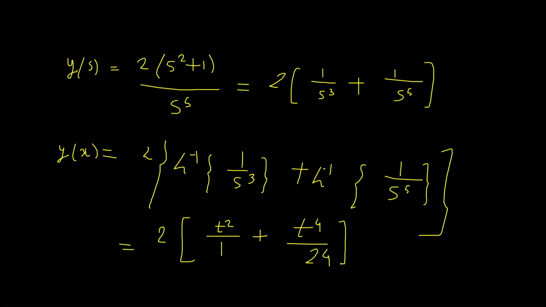Simplifying, we can write it as t square by 2 plus t to the power 4 by 24. So that's our answer.